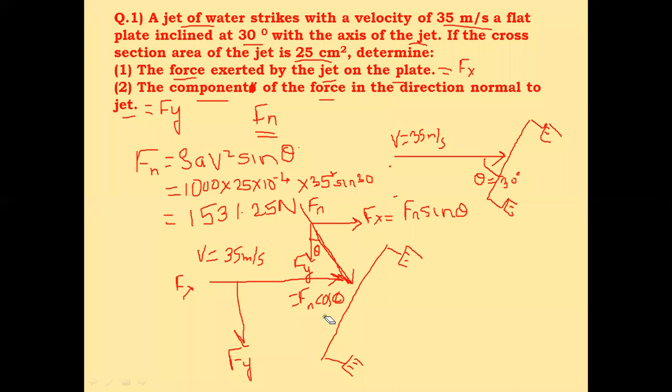So you can now easily find out Fx and Fy. How will we find out Fx and Fy? We have already found out Fn. Okay, so just substitute the value of sine theta. Here also in Fn cos theta, we already know Fn. We'll just find out the value of cos theta and we'll get the answer.